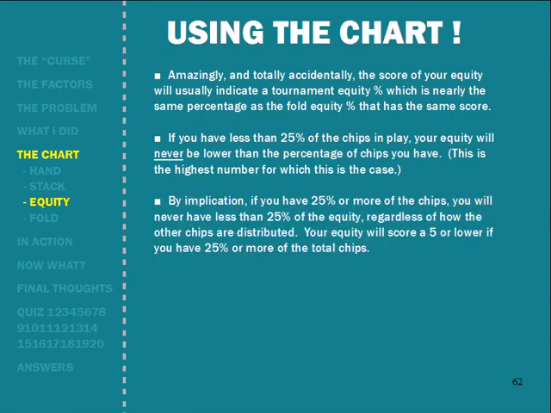And by implication, if you have more than 25% of the chips, you will never have less than 25% of the equity in the tournament, no matter how the other chip stacks are distributed. So even if there's a guy with a monster stack and a guy with like 5 chips left, if you have 25% of the chips, you will never have less than 25% equity in the tournament.